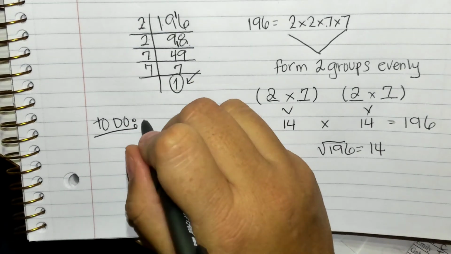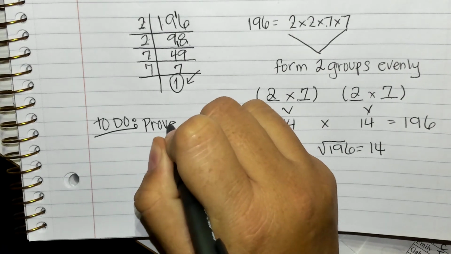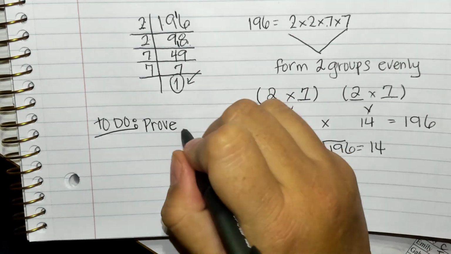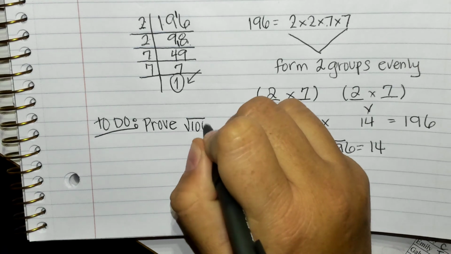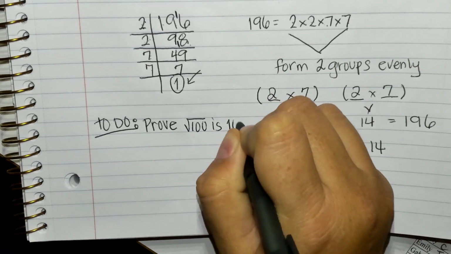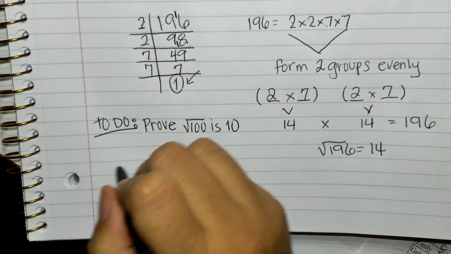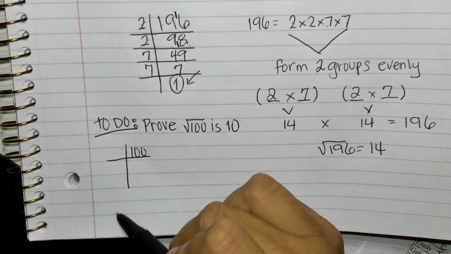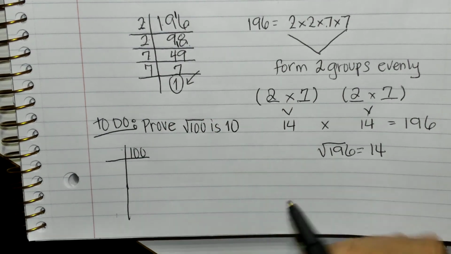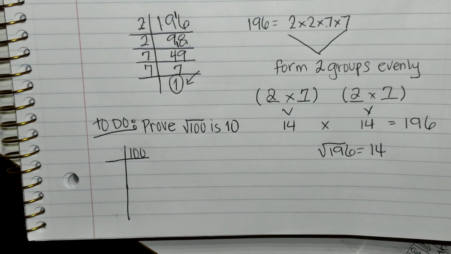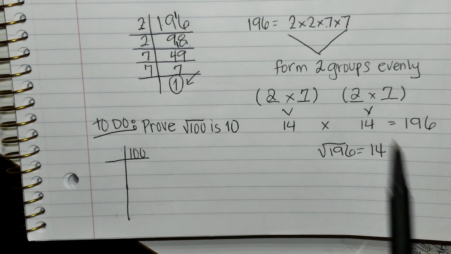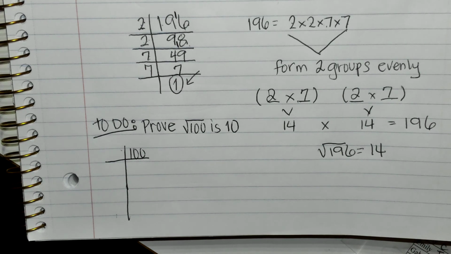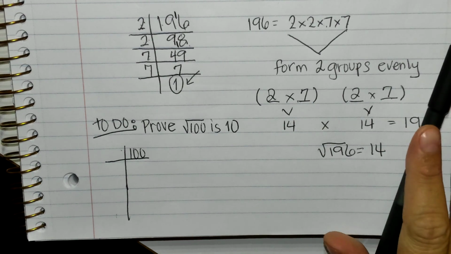So, prove the square root of 100 is 10. So you're going to break 100 down. You're going to make your two groups, and those two groups will equal 10 times 10. Okay? That's your to-do. And we'll correct it on Tuesday morning.